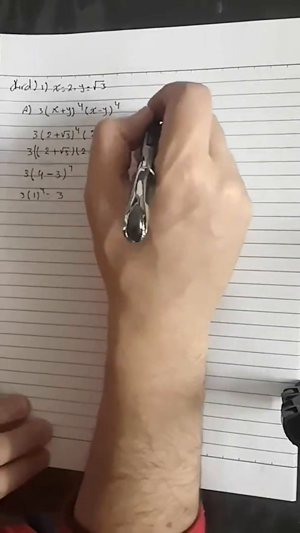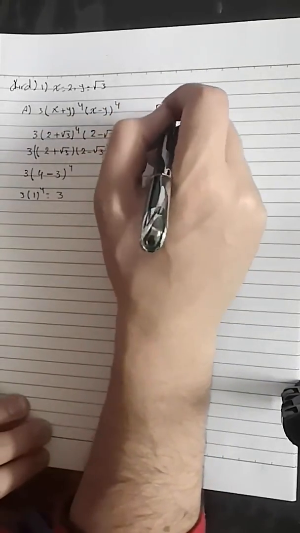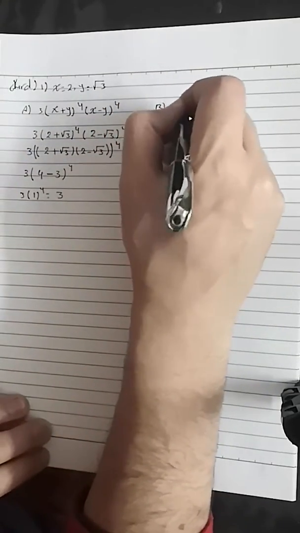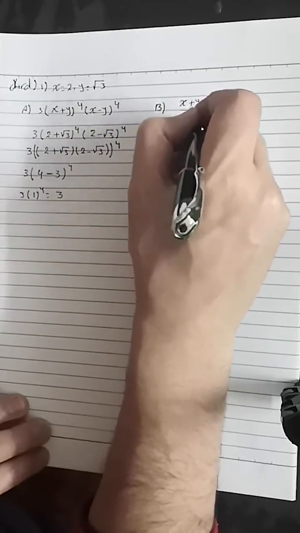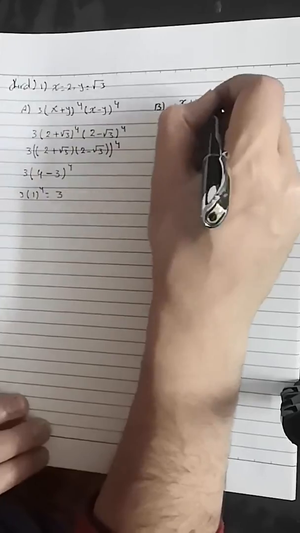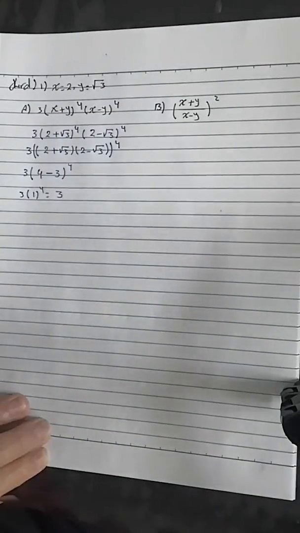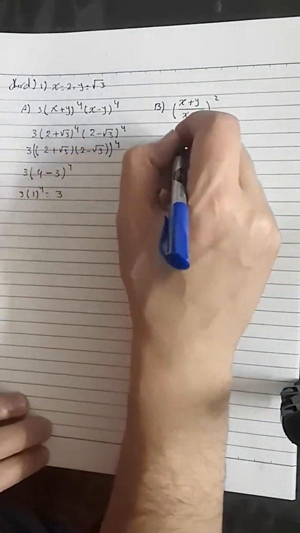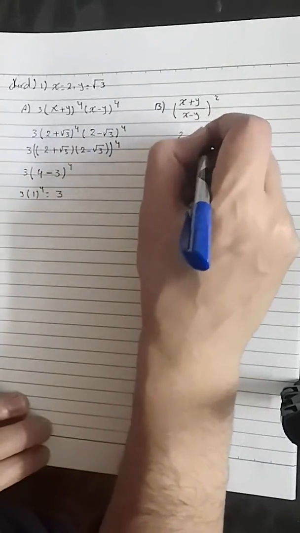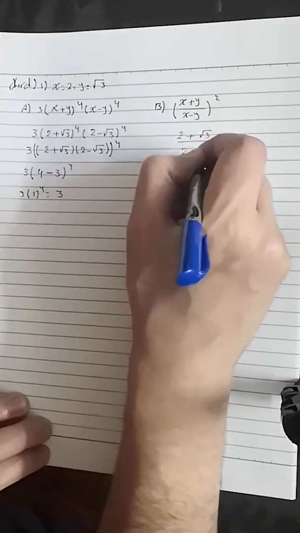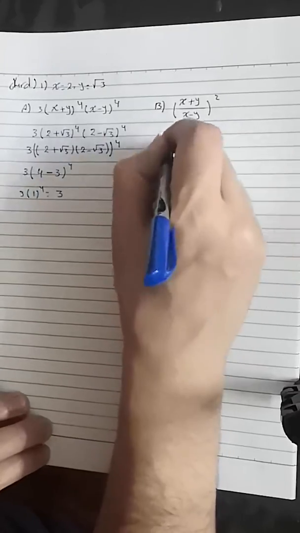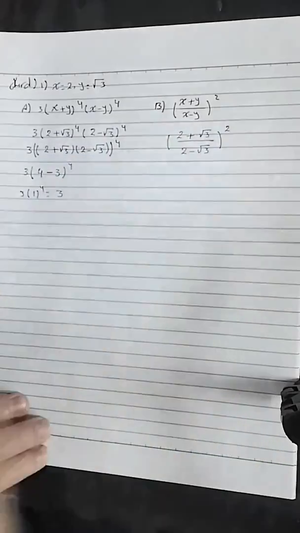Letter B, (x plus y) over (x minus y), all to the power of 2. x is 2 plus root 3 over y, 2 minus root 3, all to the power of 2.